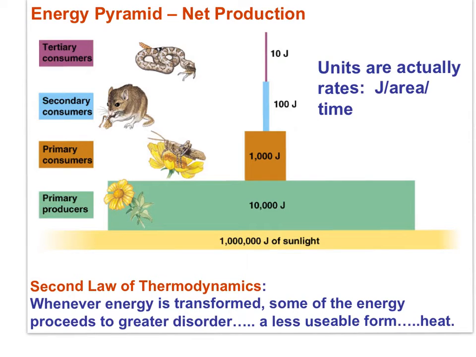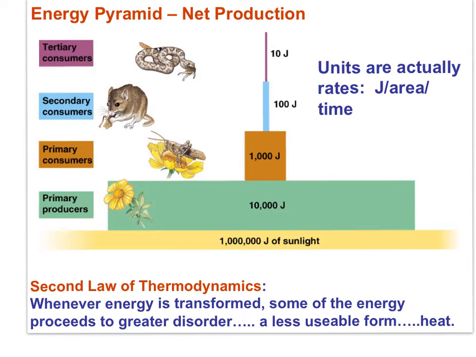Whenever organic molecules are broken down during respiration by any organism at any trophic level, energy is transformed, and some energy proceeds to a less ordered form, heat, which leaves the ecosystem. So with each successive trophic level, less and less energy is available on a per area basis.